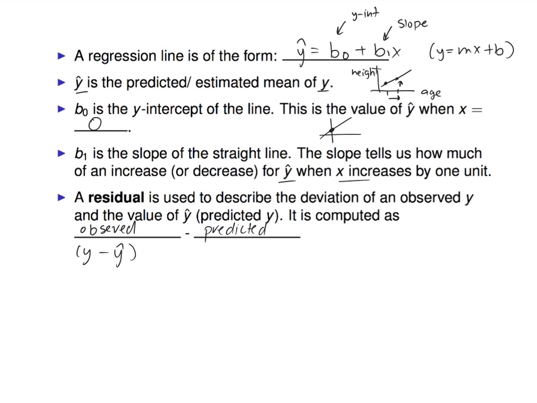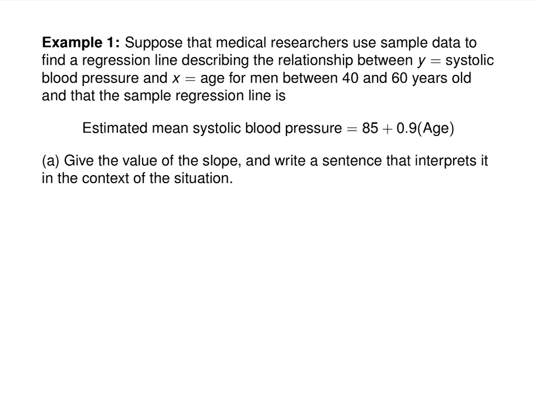Okay, so let's review an example, because this basically is last time. So suppose that medical researchers use sample data to find a regression line describing the relationship between systolic blood pressure and age for men between 40 and 60 years old. So what happens to blood pressure as you age on average? It goes up, okay?